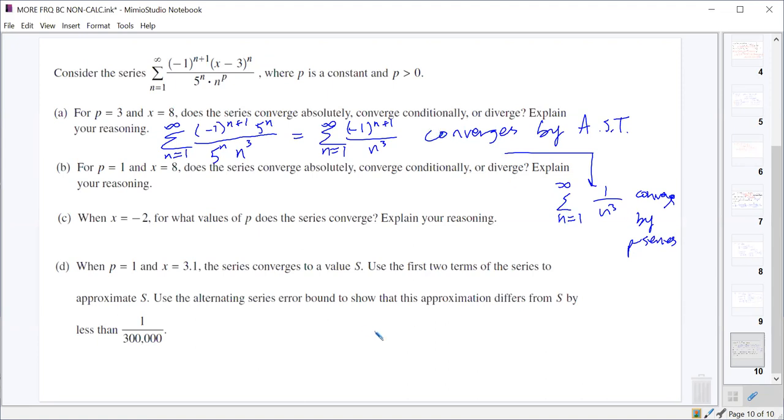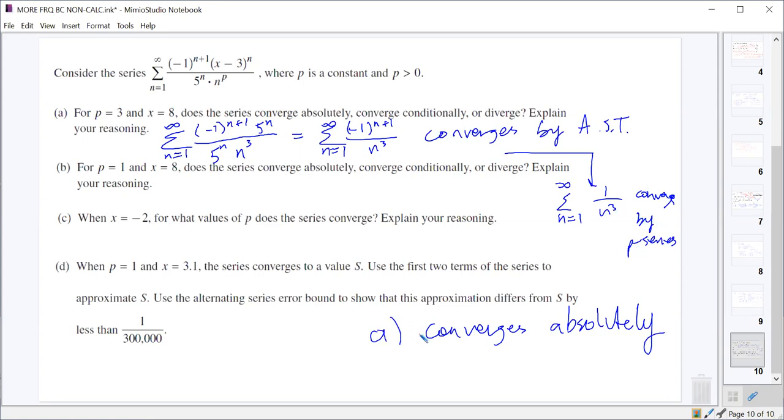So for A, we would say it converges absolutely, because the series itself converges by the alternating series test and the absolute value of the series converges by the p-series test. If you just did the absolute value of it, that's fine too. You don't need to prove that this one converges, because the absolute value of it converges as well.